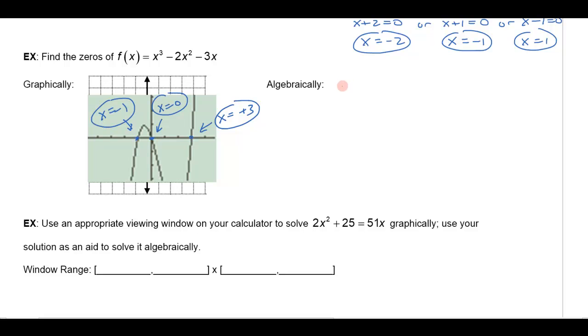Okay, now I can do that same thing algebraically by finding where the output, the y value, is 0, right? So let me actually write this out again here. Here's my function.